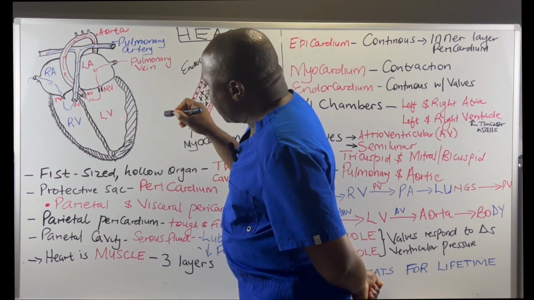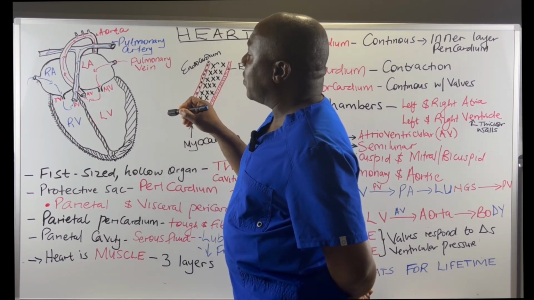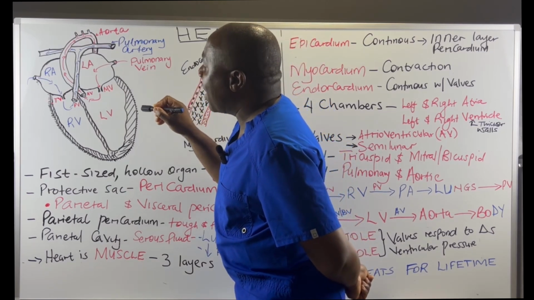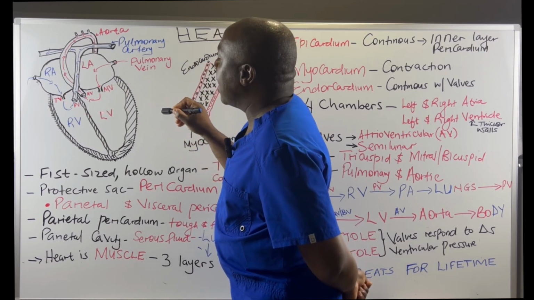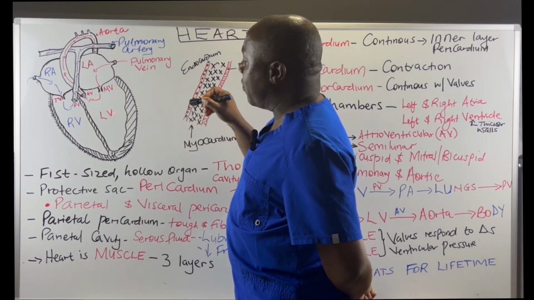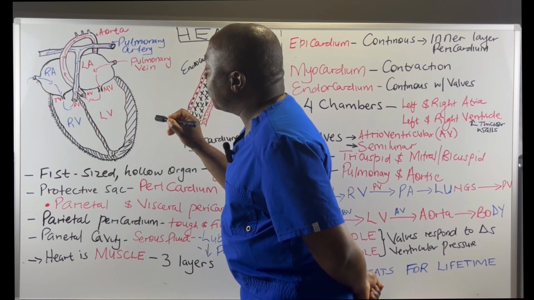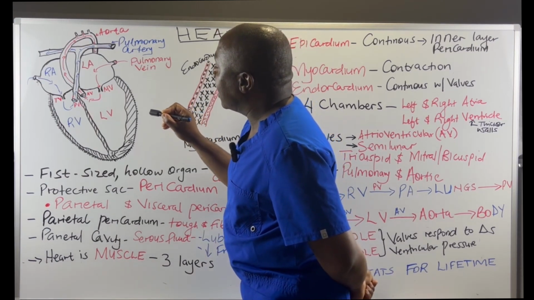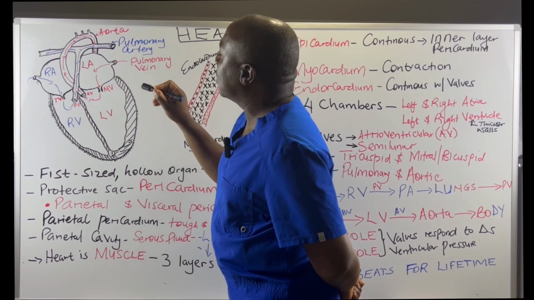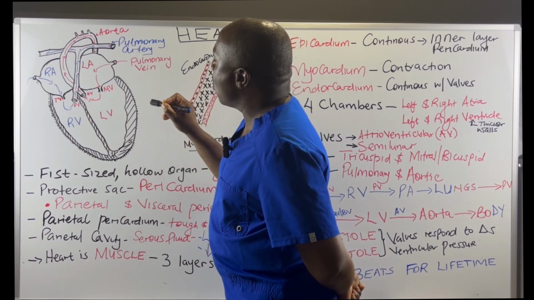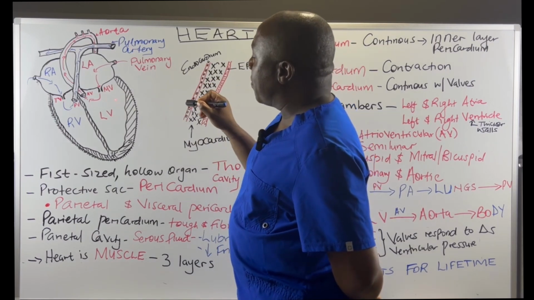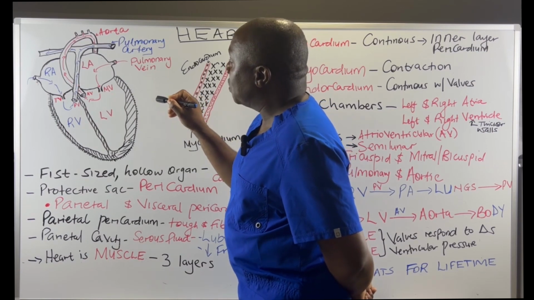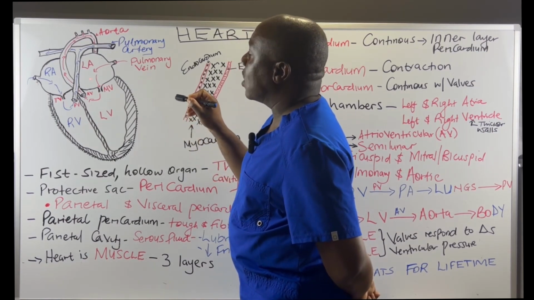When the pressure builds up in these particular ventricles, it forces the mitral valve and the tricuspid valve to close, and when the heart pumps the blood, or when the ventricles contract, they force the pulmonic valve and the aortic valve to open so that blood can flow through the pulmonary artery to the lungs and through the aorta to the rest of the body. So the pressure changes within the ventricles are what force these valves to open and close.